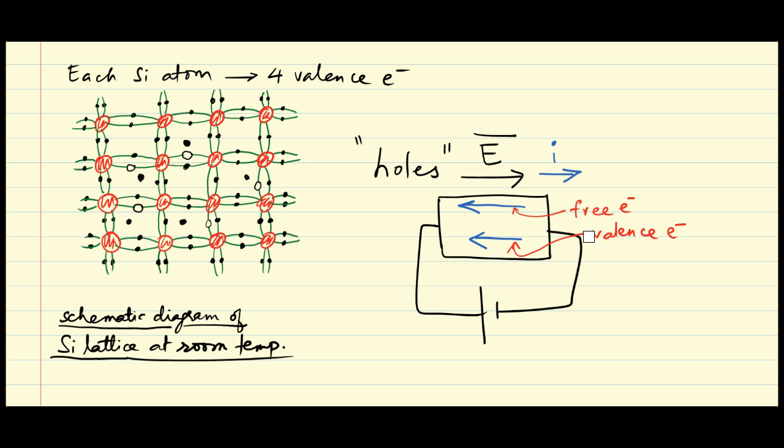And the motion of these valence electrons happens by occupying the holes. Now what do I mean by that? Let's go to the lattice diagram and look at it from what happens physically.